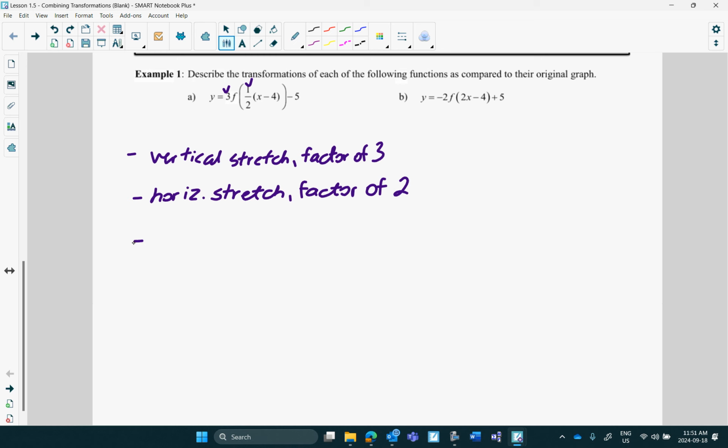So what's happening with the shifts? And 5 down. That takes care of all of those.